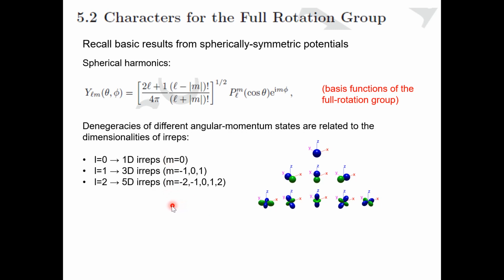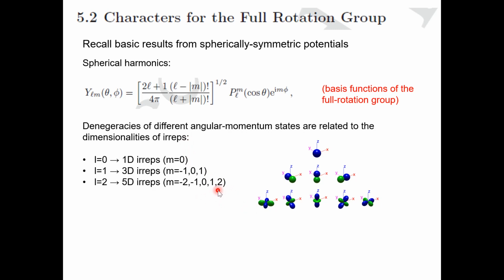So we can already understand that the full rotation group will have representations of different dimensionalities: 1D, 3D, 5D representations, and they will be related. The basis functions for those representations will be precisely the spherical harmonics that we are introducing now.